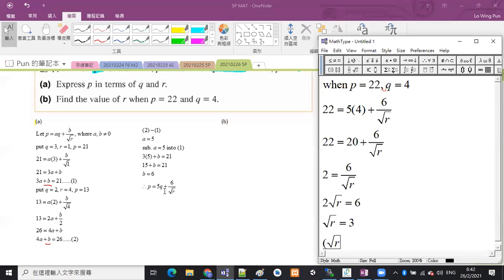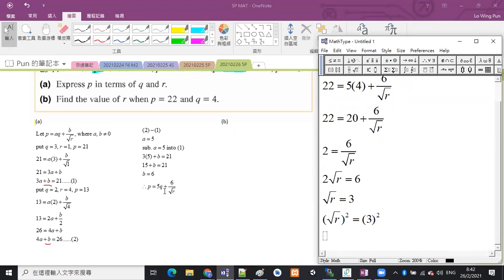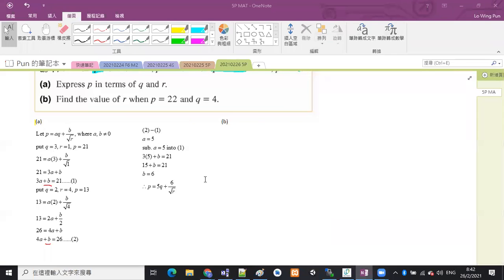So we are going to square both sides of the equation in order to cancel out the square root sign. Okay, so left-hand side, R square root and then square. They are both cancelled. So what is remaining is R. That is what we want. Okay, and then the right-hand side is just a pure number. Then you may just use the calculator to find that it is equal to 9. Okay, and that is the value of R, and that is the answer of part B.